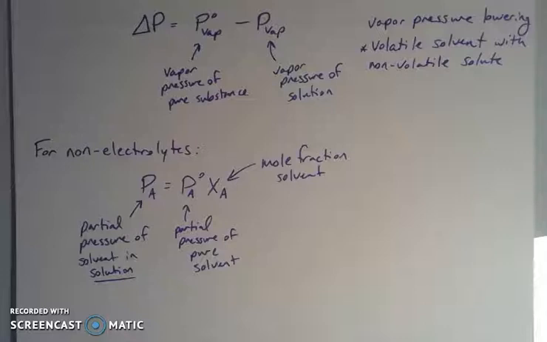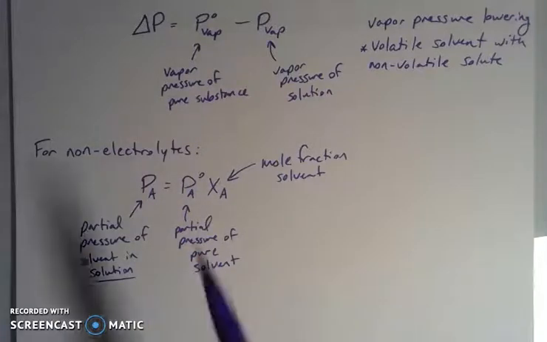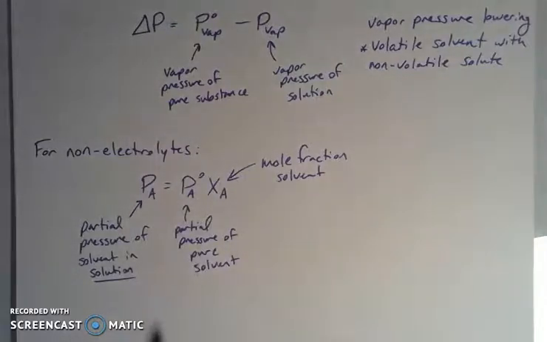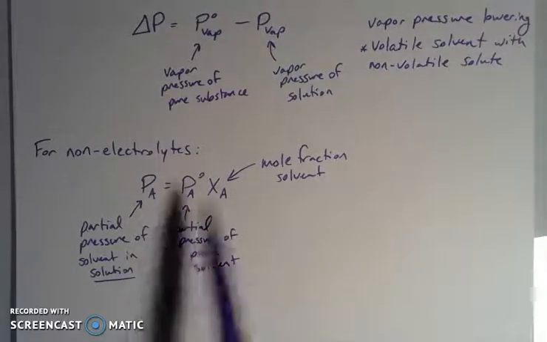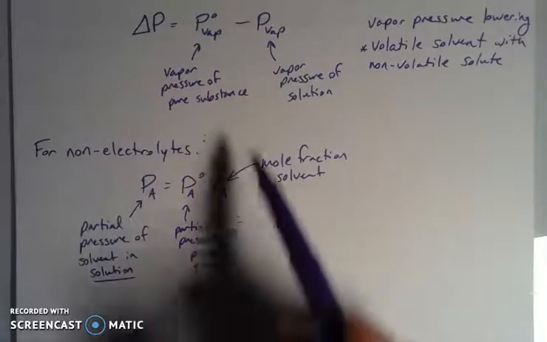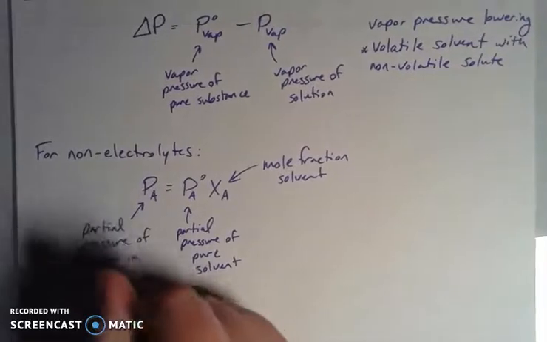So if we're thinking about this and we substitute this in for our delta P here, then I have my pure vapor pressure, my pure substance, and then I can substitute this in here, right? Because this would be this value. So I'm going to put that in here. So we end up with this.